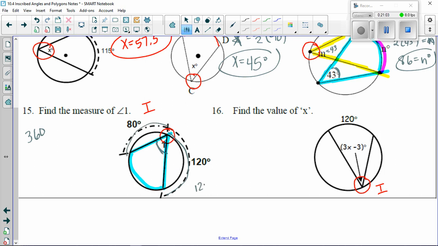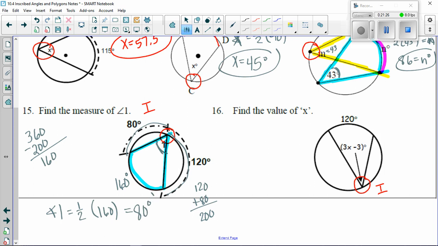So 120 plus 80 is 200. So I'm going to subtract 200, and I get 160. So this arc is 160. So we know that angle 1 is half of 160, which is 80 degrees.